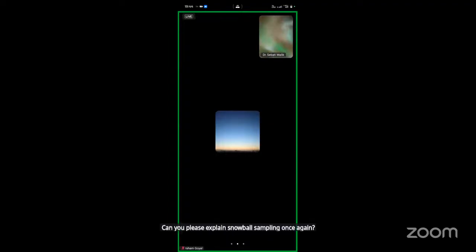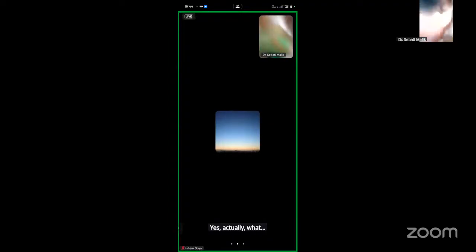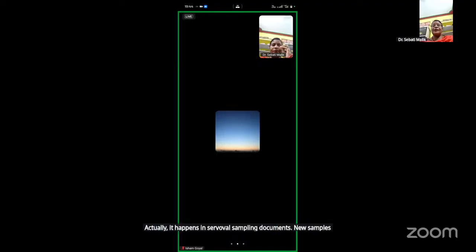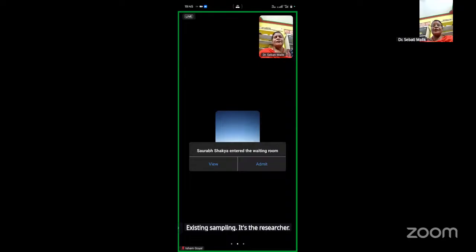Yes, actually, it happens in snowball sampling. That means new samples are added to the existing sample, as the researcher feels it can provide better output.